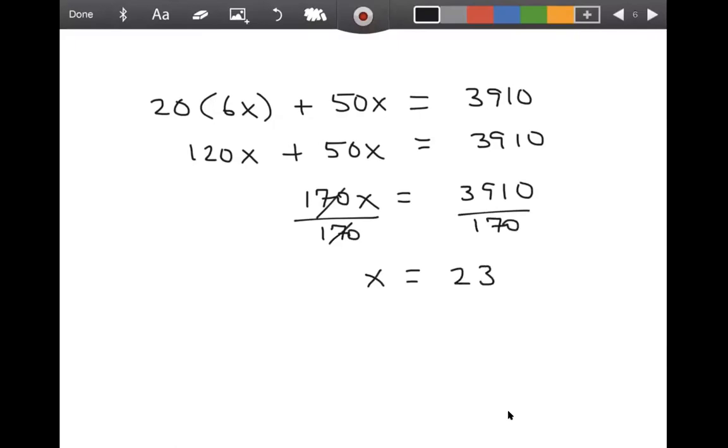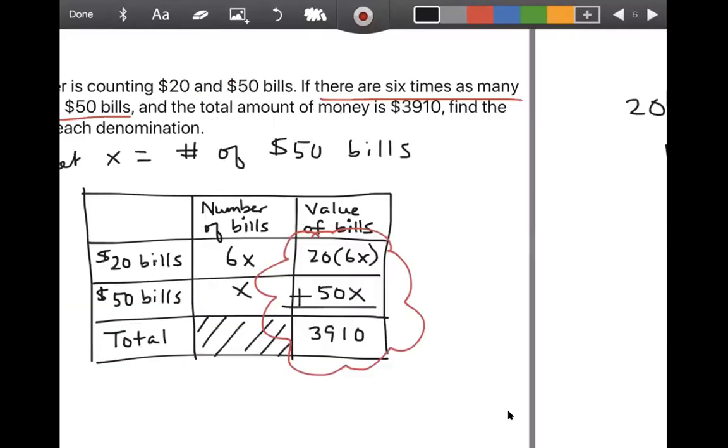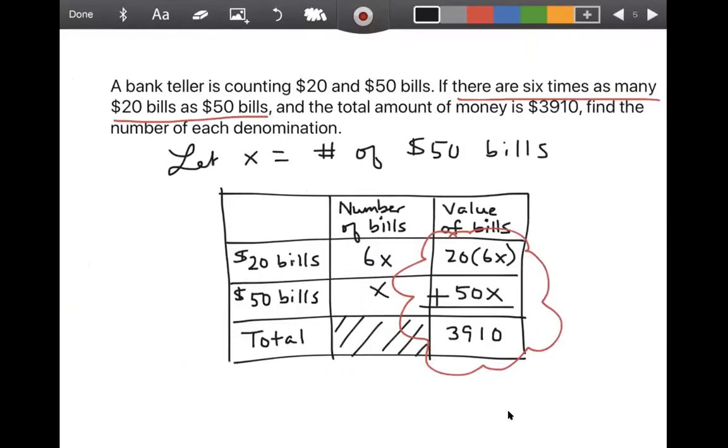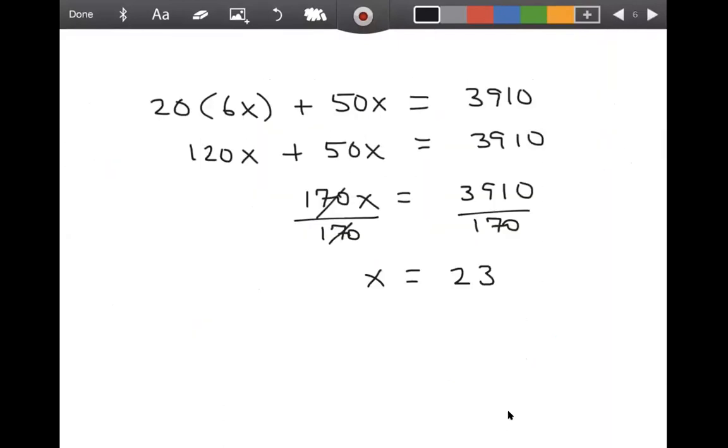So again, let's just make sure we answer their question. The question was find the number of each denomination. We have found X, which is the number of $50 bills. So there are 23 $50 bills.